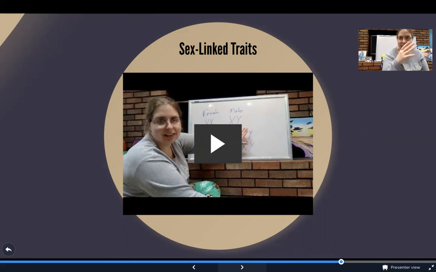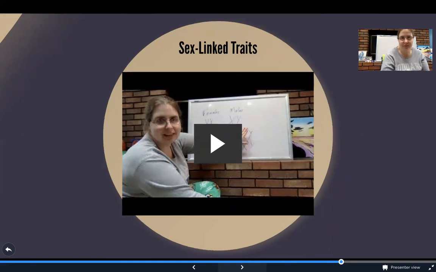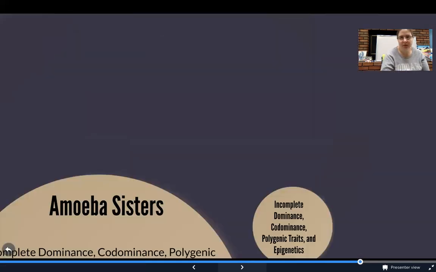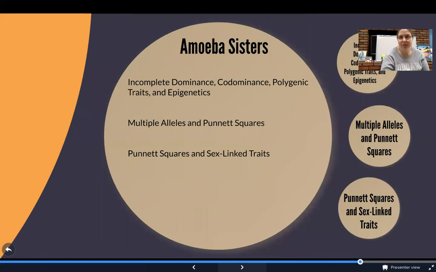So we'll actually write out X and Y, and then we'll put a superscript on the X to show the allele that is located on the X. So I definitely recommend checking those out. They will help you in terms of knowing how to do these in Punnett squares, how to analyze the Punnett squares, and give further descriptions on what exactly is going on.